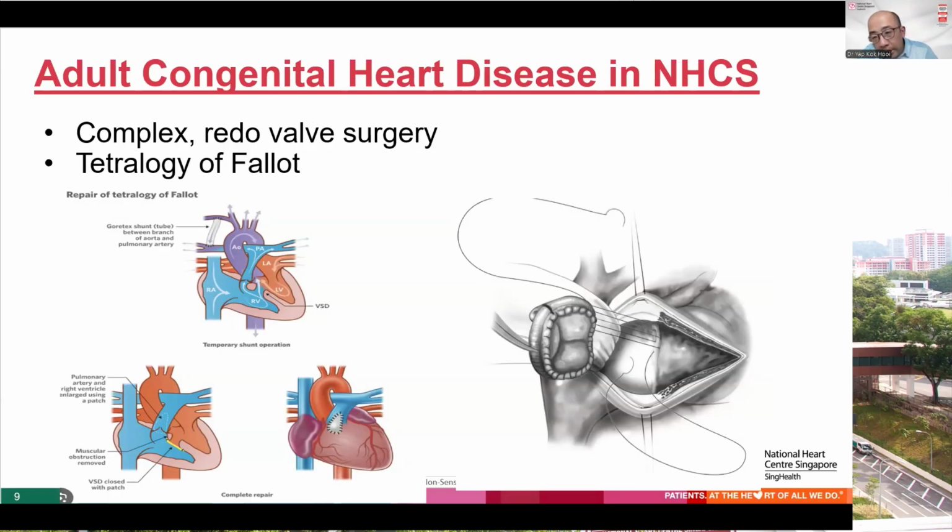In the adult congenital heart surgery in heart center, we can also do complex redo valve surgery. The picture shows one of the diseases I talked about, called tetralogy of Fallot.